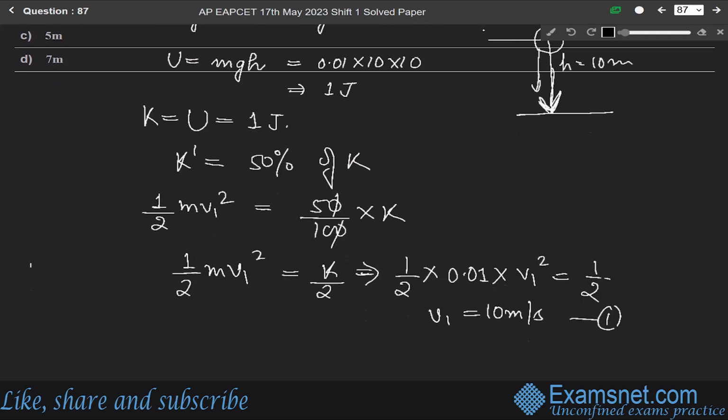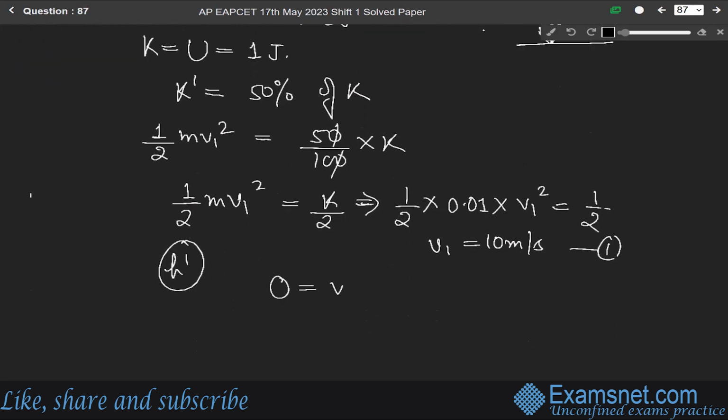Now, if h dash is the height attained by the ball, then using the third law of motion we write 0 equals v1 square minus 2g h dash.